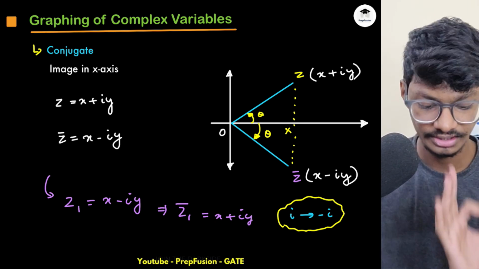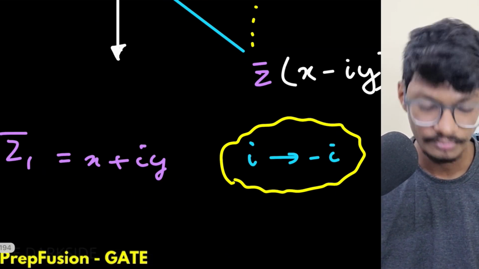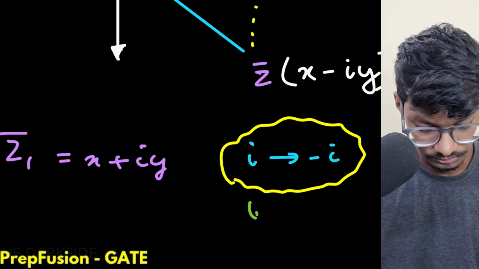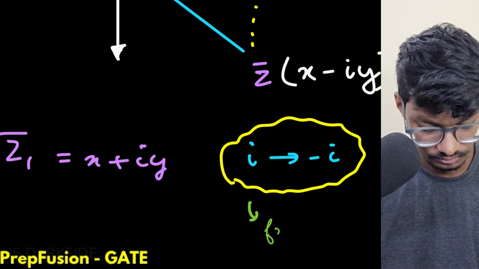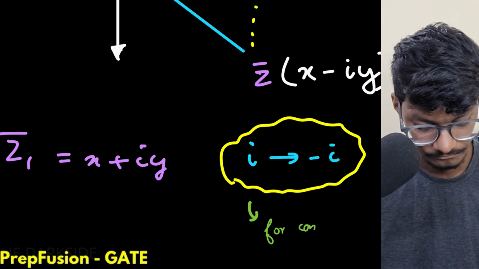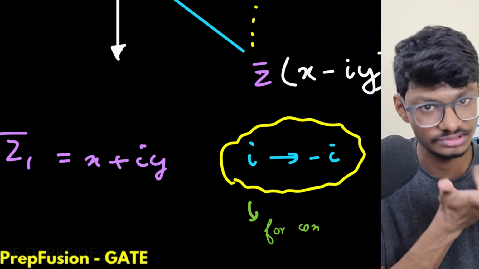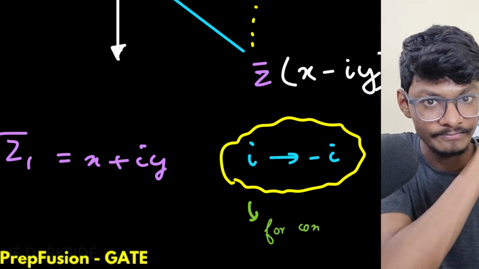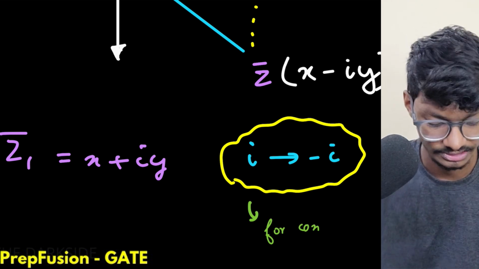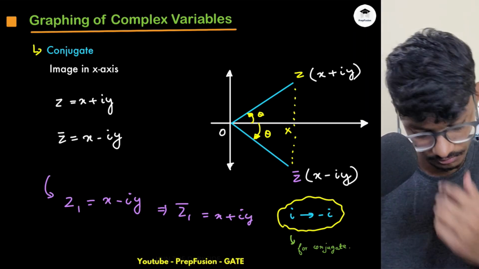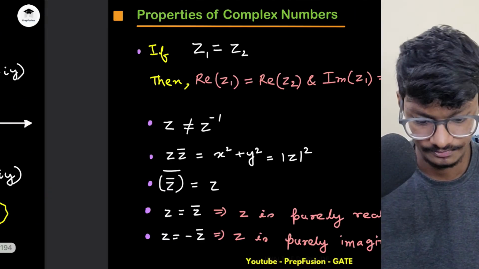Just remember this simple trick: to find the conjugate, replace i with minus i. Wherever there is i, replace it with minus i. If I have minus i, you will replace it with plus i, because it is minus 1 times i, and i is replaced with minus i. Okay, so this is the case.